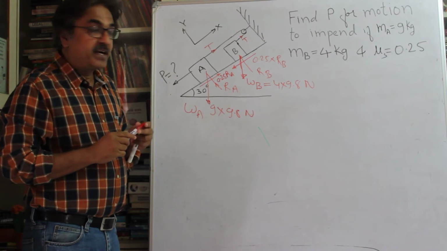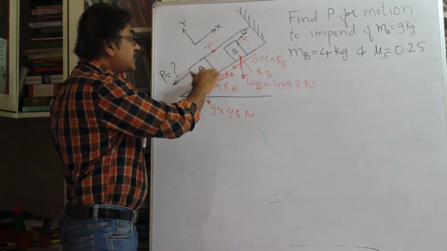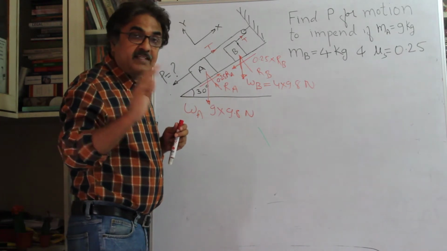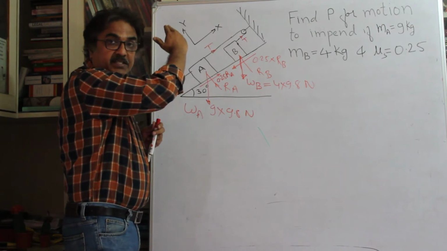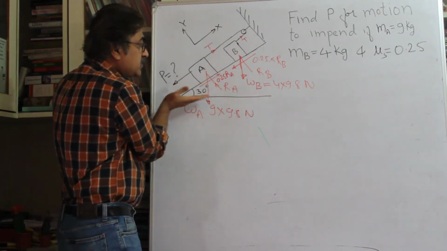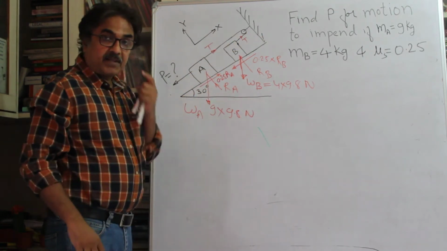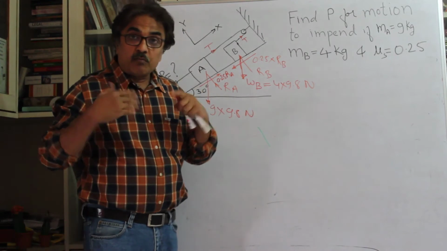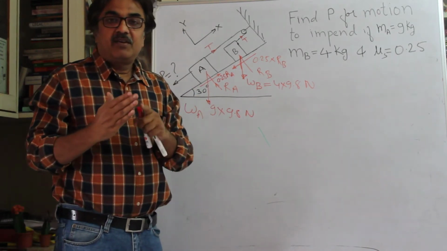Once we have free body diagrams, all that you have to do is resolve the forces, not horizontal in this case, but along this surface, and resolve them perpendicular to this surface, right? For example, now remember, we have two planes, one is horizontal, another is inclined to it, making an angle 30 degrees, right? So it means the normals to these two planes will also make the same angle with each other.